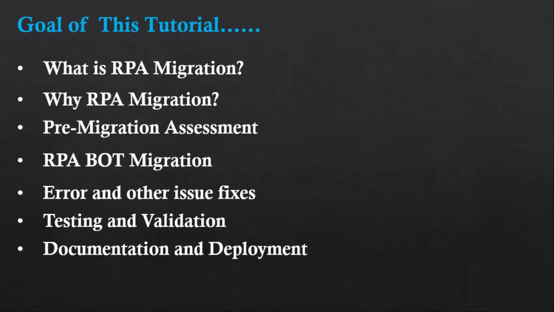So what if you want to move your Automation Anywhere bot to Power Automate? You might be wondering how it is possible, because both are different platforms, right? There are two options available if you have such a requirement. One is that you can start development from scratch.